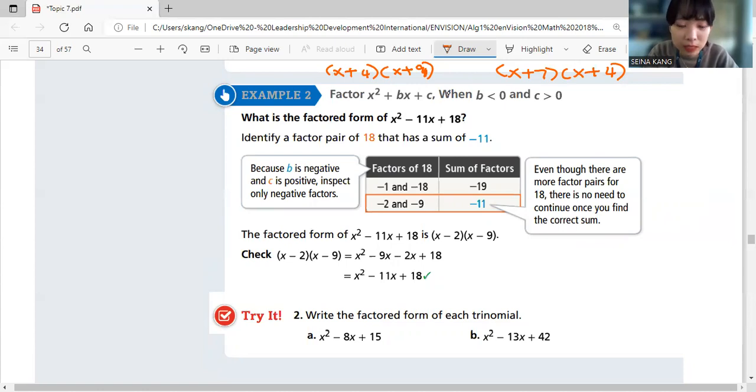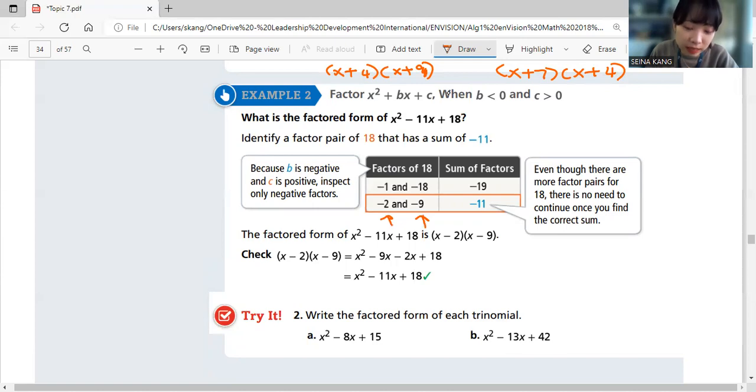So now we see a negative coefficient. Okay. So you're thinking of factors that multiply to positive 18 that add up to negative 11, right? Why are we looking at both negative factors here? Why do both factors need to be negative?